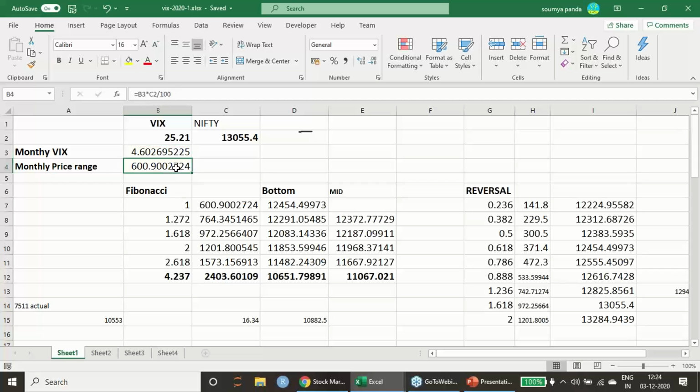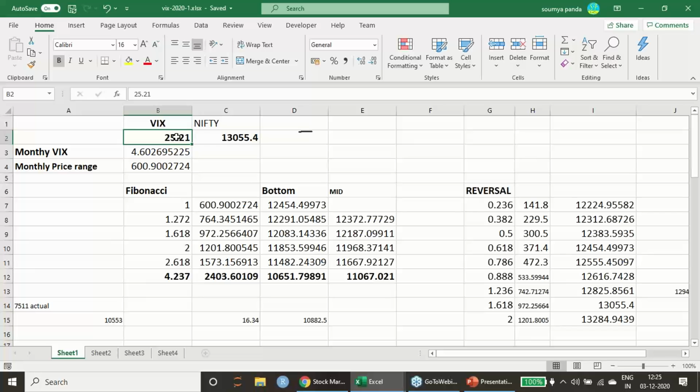Once I get the monthly VIX, I multiply it with the price point and divide by 100. So you get how much monthly price range you are expecting, and we will take all the higher, growth Fibonacci ratios, 1 to 4.236. These levels will all be taken, and these ratios will be helpful for identifying the top and bottom.